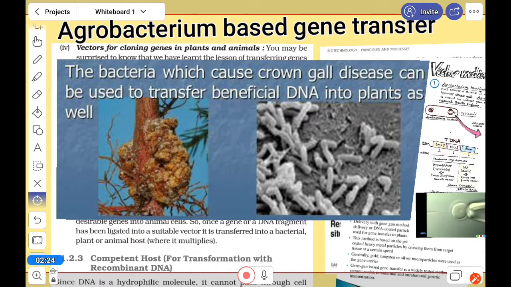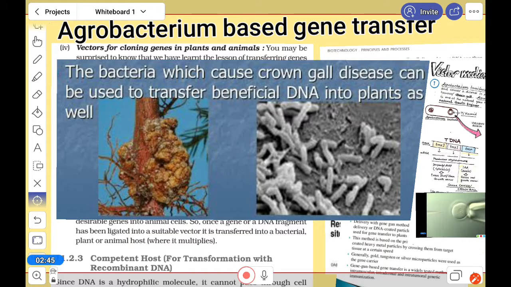So as a vector for transferring, it is very efficient. We are using these features, which is why it is called the natural genetic engineer.